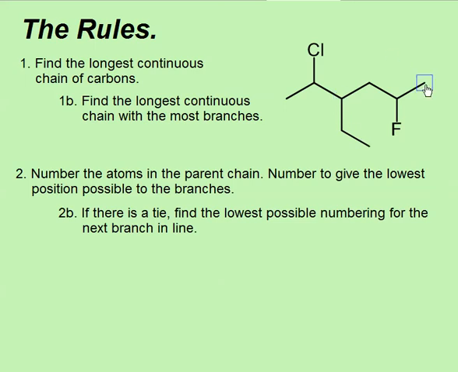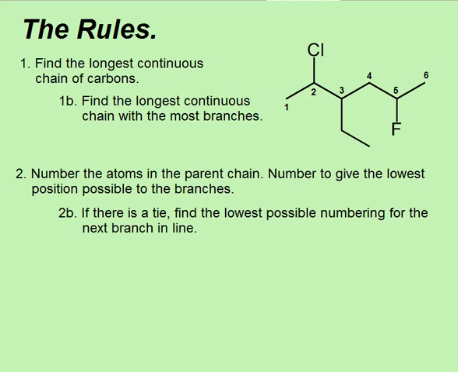But if we're counting from the right, we don't see the second branch until we get to carbon number 4. So we'll count the number of carbons from left to right in this case, because we get a lower possible numbering. So we go 1, 2, 3, 4, 5, 6. Our branches are on carbons 2, 3 and 5, instead of the branches being on carbons 2, 4 and 5.